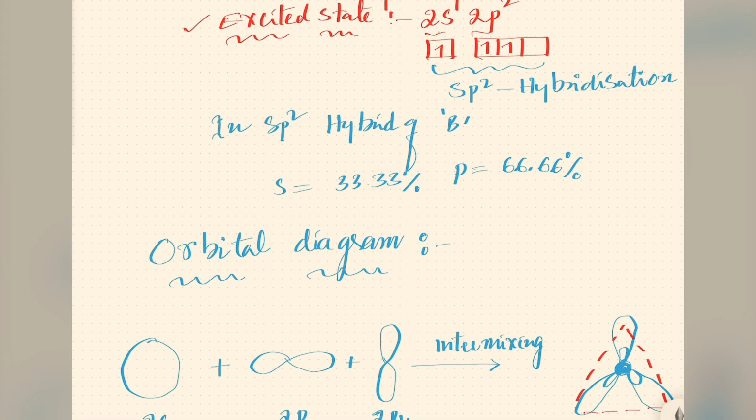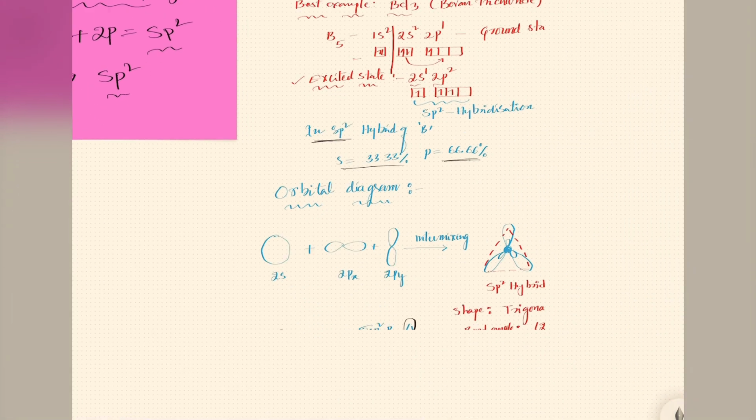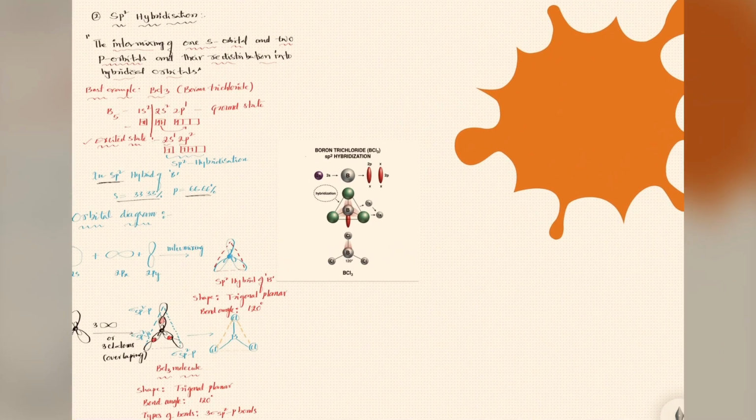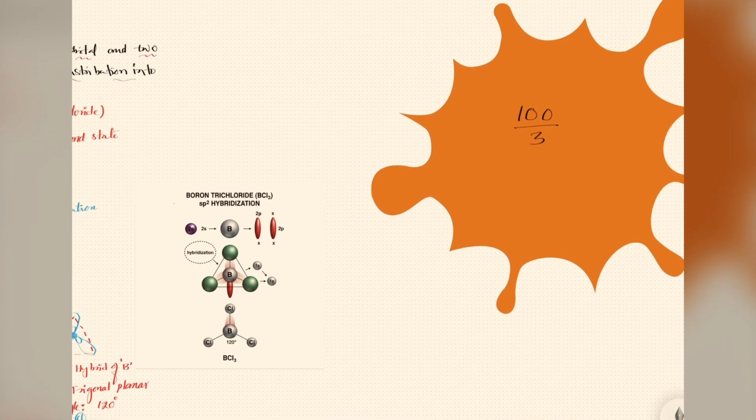Therefore, we can go for the percentage of s and p character in sp2 hybridization. Totally we have 100%. Out of 100%, we have 33.33% of s orbital and 66.66% of p orbital. Why? Because we have 100% in total, divided by 3, so equally we get 33.33% for each.